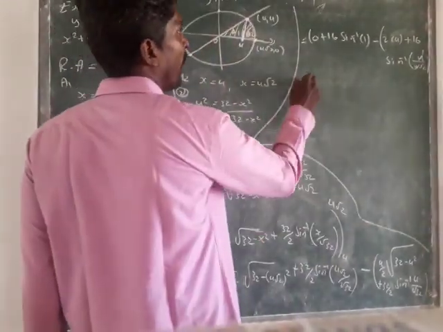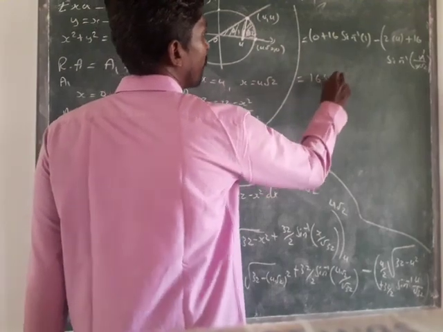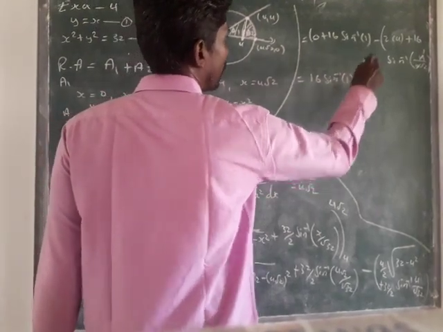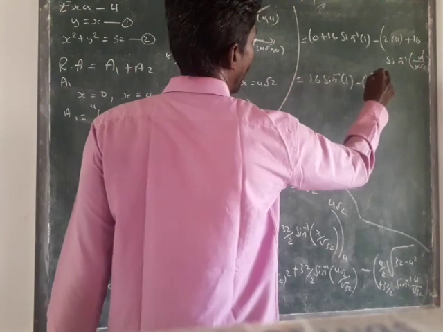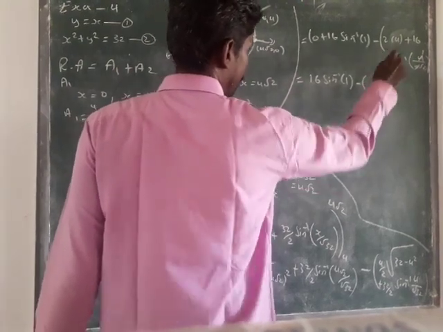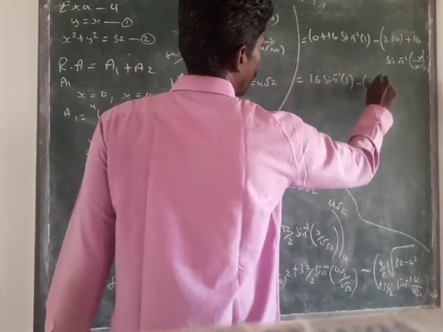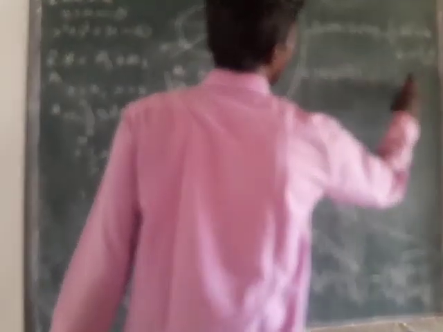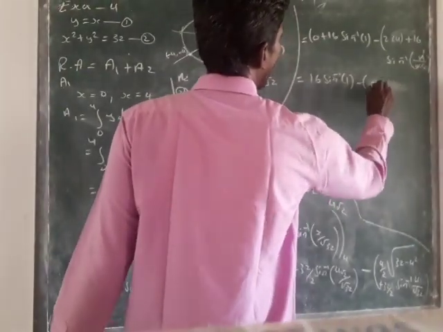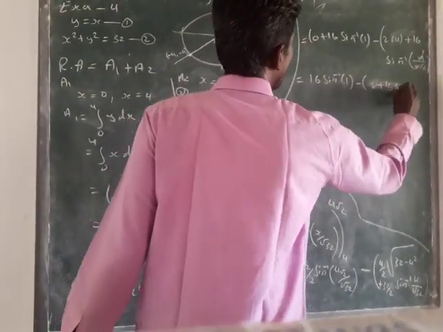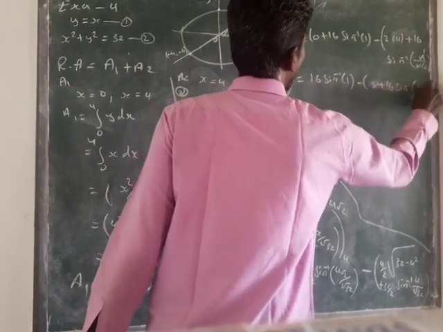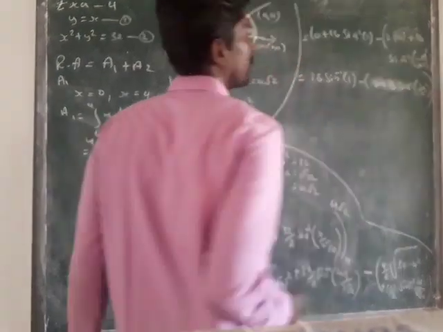So now we have the value 16 times sine inverse of 1, minus 8, plus 16 times sine inverse of 1 by root 2.